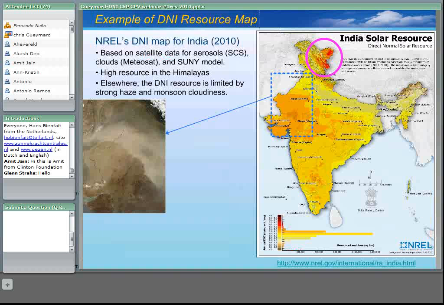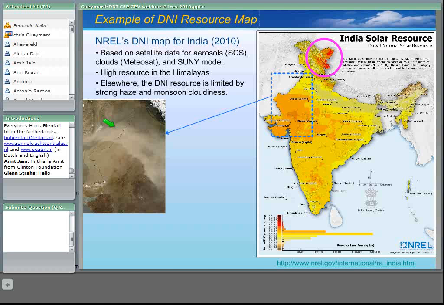Here is a satellite image from that part of the country, where actually we find one of the main interesting areas for CSP and CPV, but all over there's strong haze all the time.